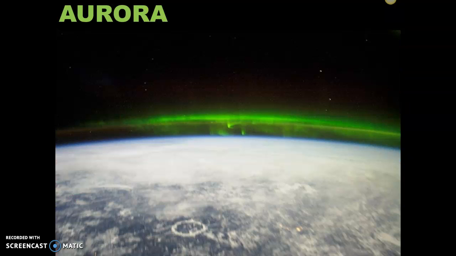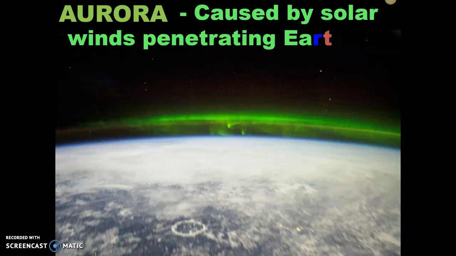And the aurora, here's a nice view from the space station showing A, the Earth is round, B, that aurora are lights occurring way up in the ionosphere, way up high in our atmosphere, where the sun's, the corona's electrically charged particles, the solar winds, are exciting and lighting up those molecules way up there.